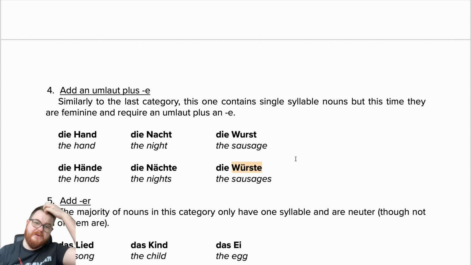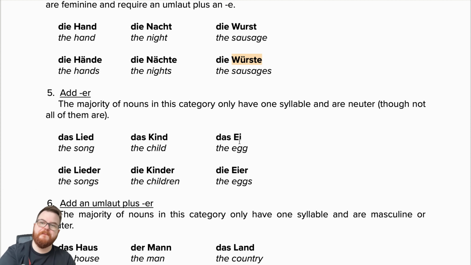So single syllable nouns that are feminine most of the time. Sometimes you will come across a masculine noun that also needs this umlaut E, but mostly feminine.